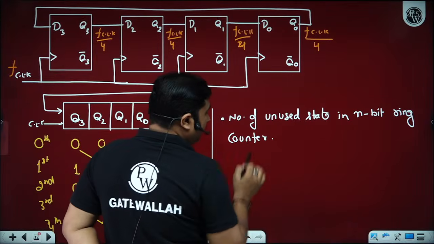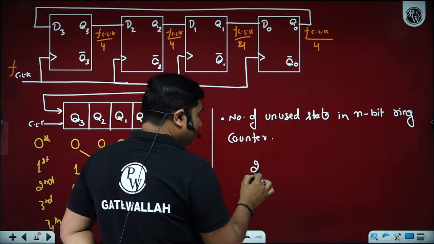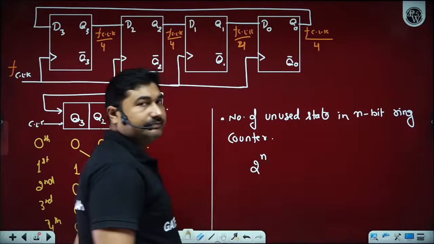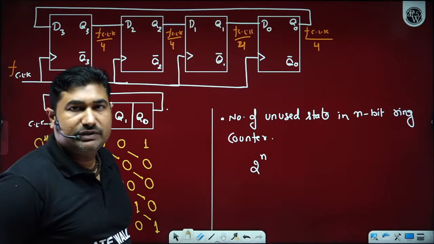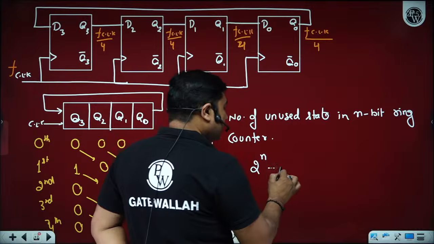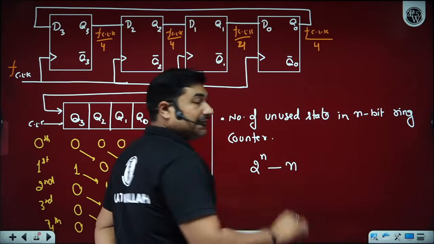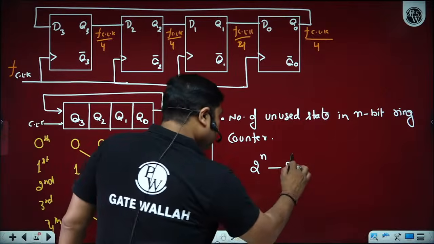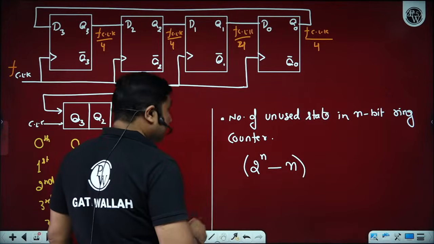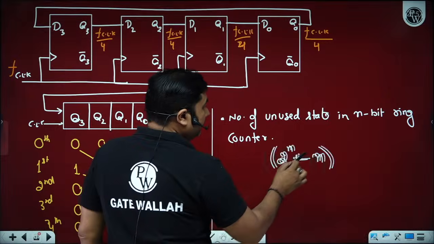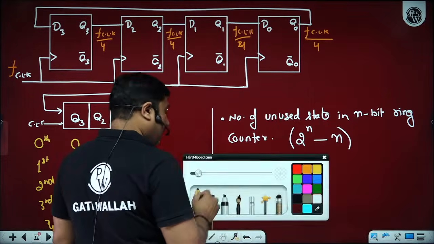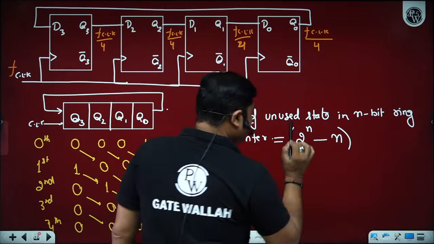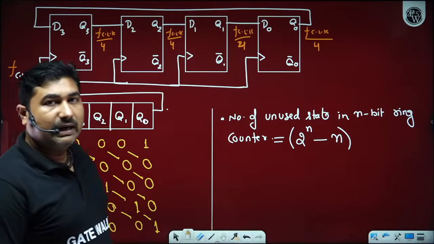With n bits, how many total states are possible? 2 to the power n. Out of which we have n valid states. So the number of unused states in a ring counter is equal to 2 to the power n, whole minus n.